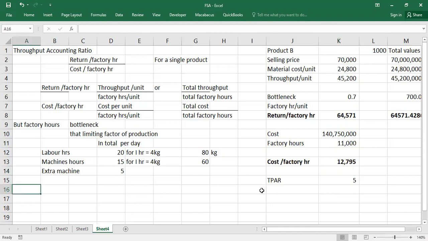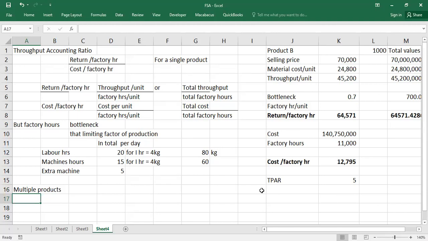So let's look at now, in case you have multiple products. Multiple products, how do you go about it? This one doesn't differ significantly from the first one, although it does.